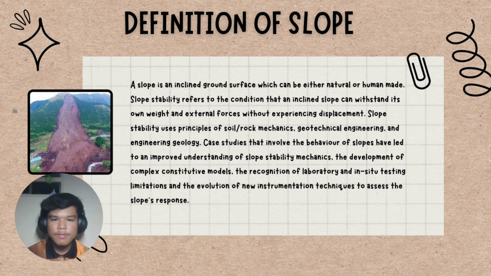Case studies that involve the behavior of slopes have led to an improved understanding of slope stability mechanics, the development of complex constitutive models, the recognition of laboratory and in situ testing limitations, and the evolution of new instrumentation techniques to assess the slope response.